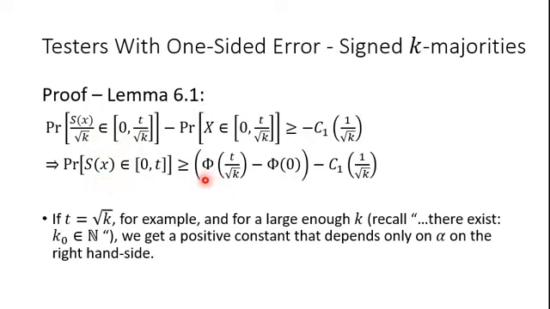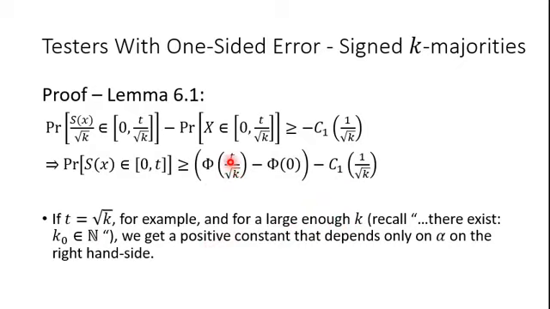Now what we can see is that if t equals square root of k, for example, and we choose a large enough k, and we are allowed to choose a large enough k because this lemma states that there exists some k0 in the natural numbers and so on, we get a positive constant that depends only on alpha on this side.